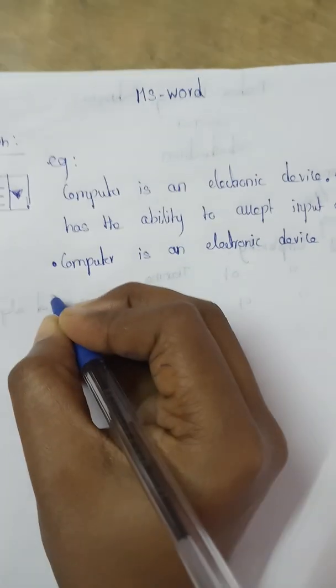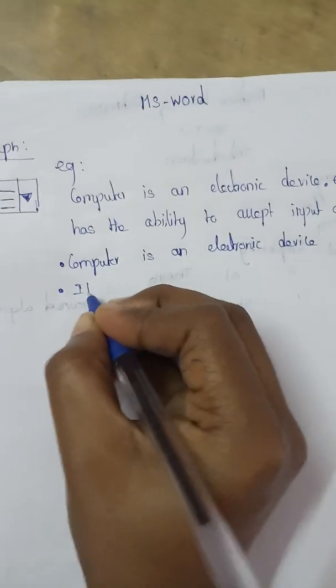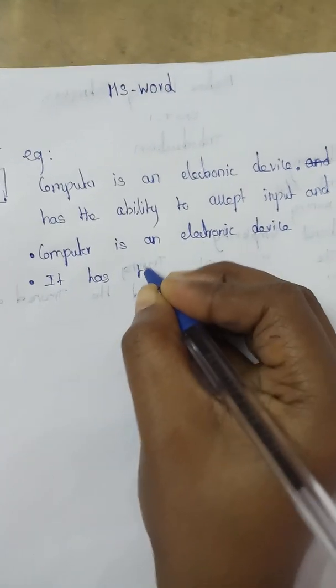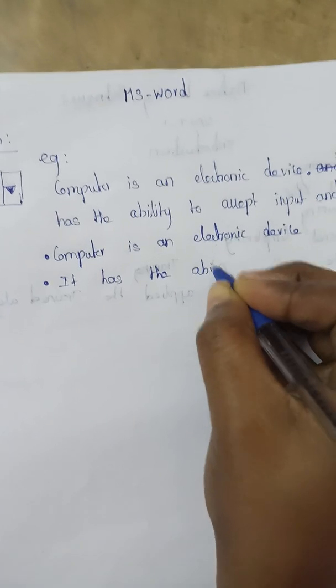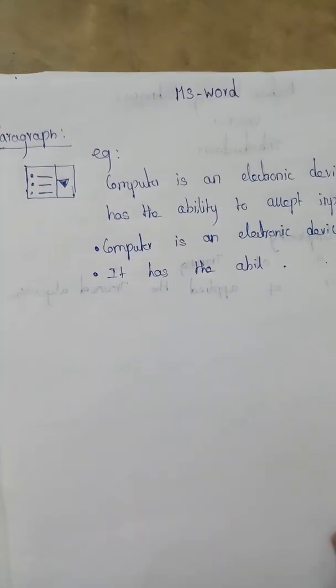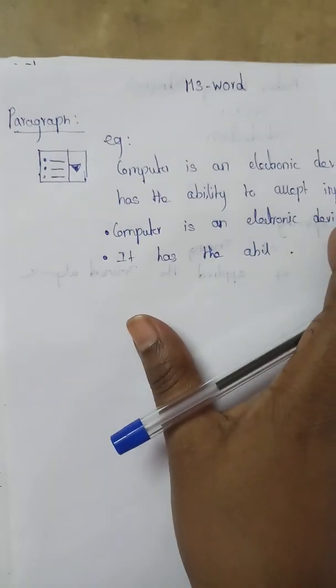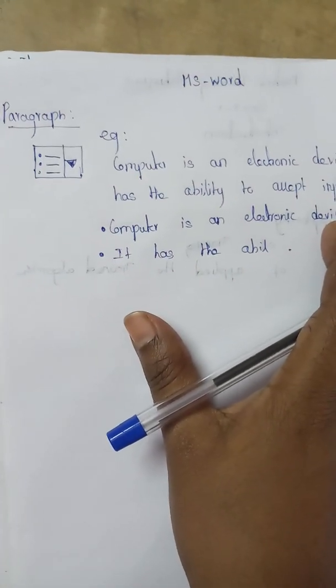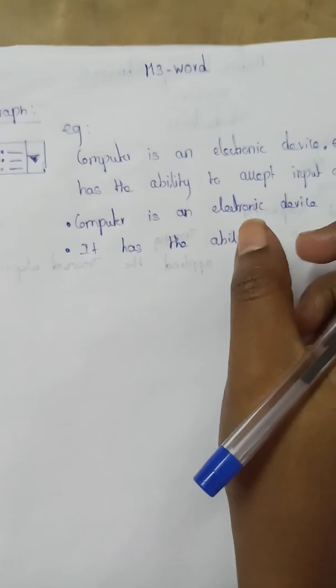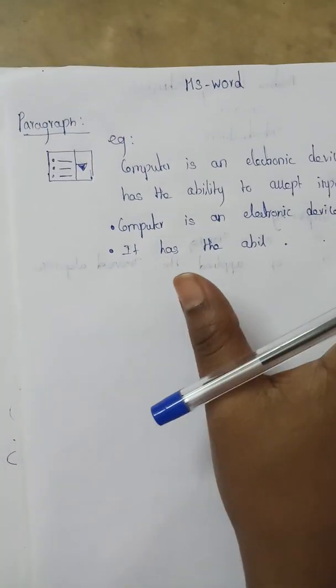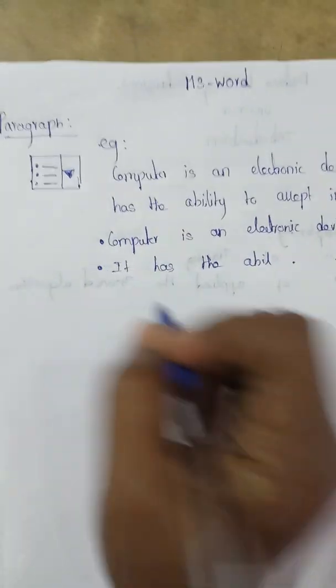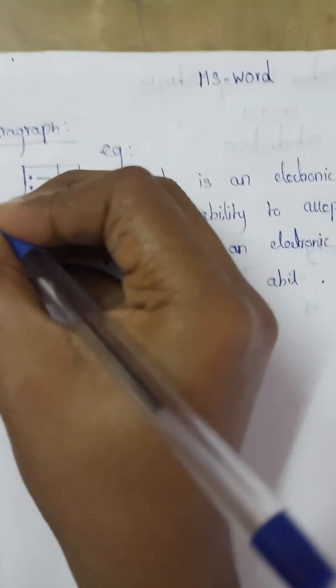And the second point will become: It has the ability to accept the input, etc. So for this purpose only we are using bullets. If you need to split the paragraph, we can use bullets.